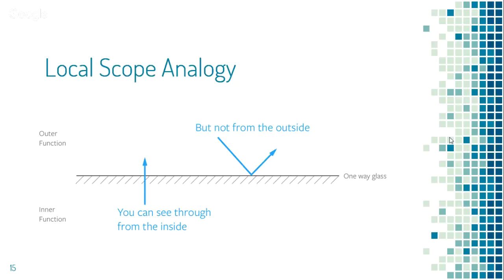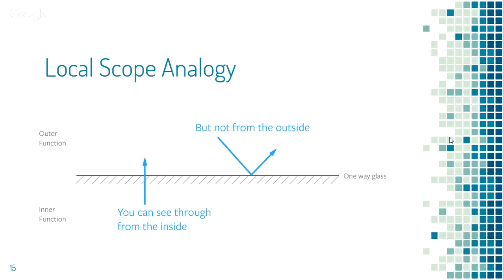If, however, you're on the outside of the one-way mirror, you won't be able to see what is on the inner side of the mirror. So this is the situation at all times of the global scope. It just can't see what's inside of every single function. This is also what happens with a parent function when it has a child function in it.